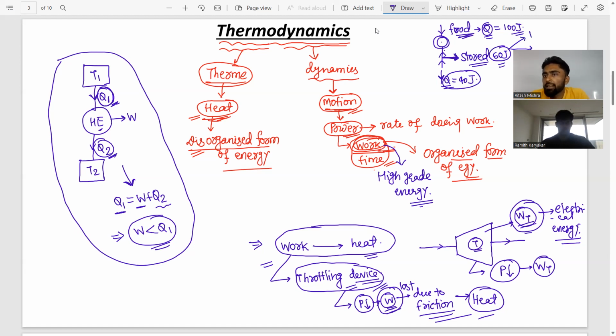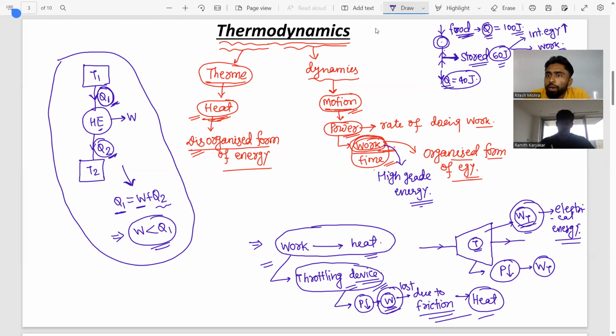As we do work in our daily life, some stored energy is used. So here we can also see that heat cannot be completely converted into work.